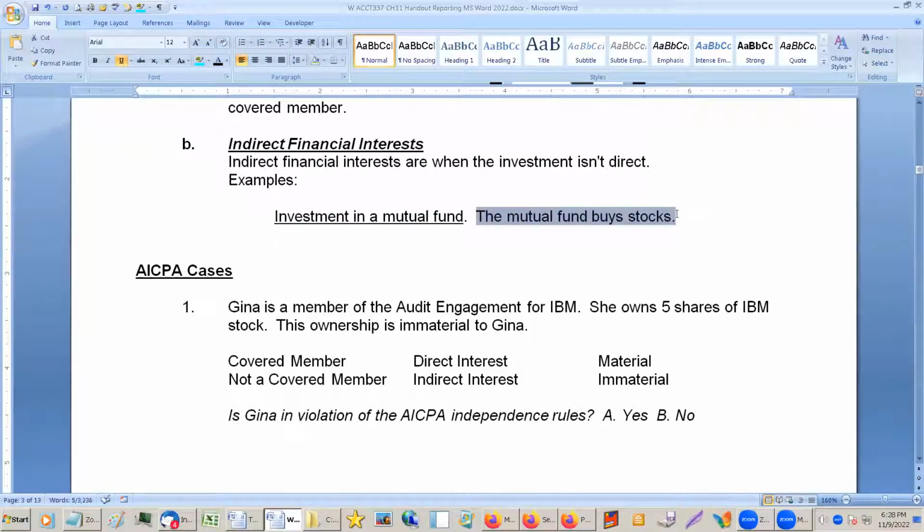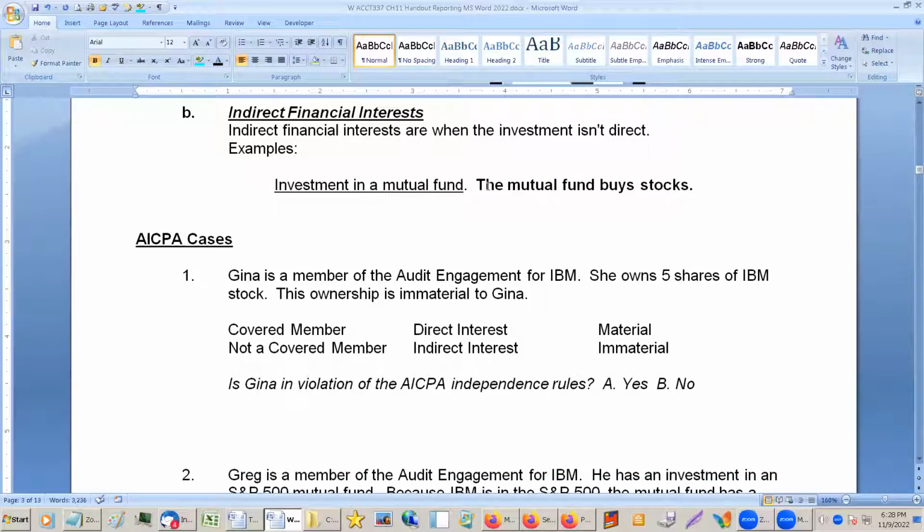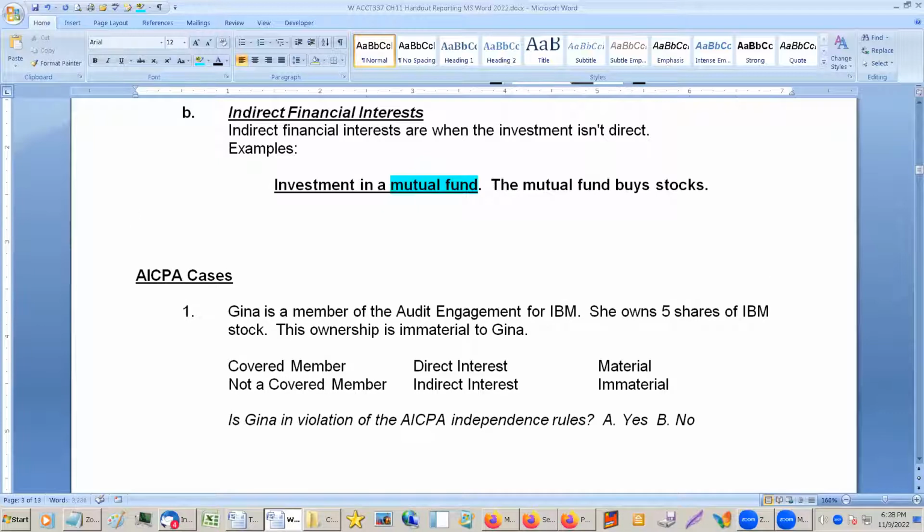The mutual fund buys the stocks. You don't buy the stock, the mutual fund does. So it's indirect. You bought an investment in the mutual fund, which then buys the stocks. So mutual funds are one of those things that are indirect. You invest in a bank.